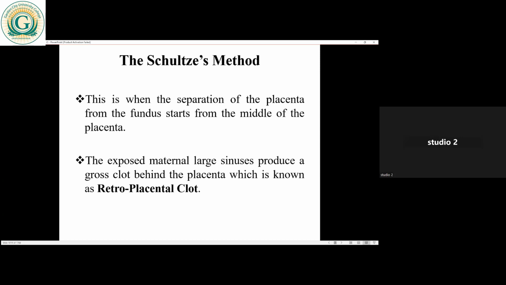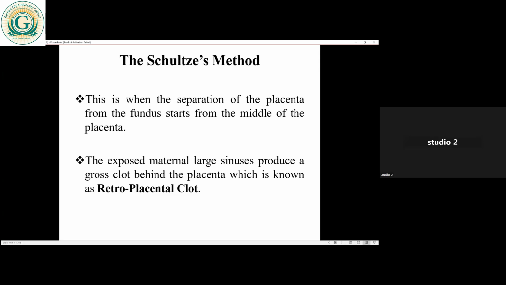There are two known methods by which the placenta separates. The exposed maternal sinuses will produce a gross clot behind the placenta, which is known as a retroplacental clot, what I just said.